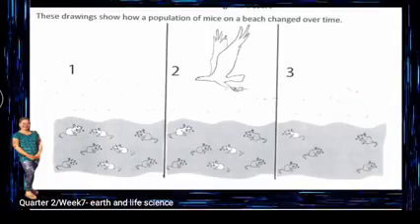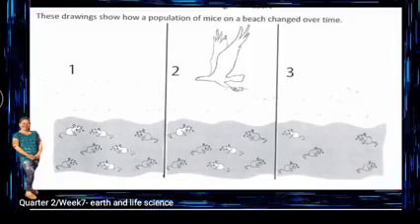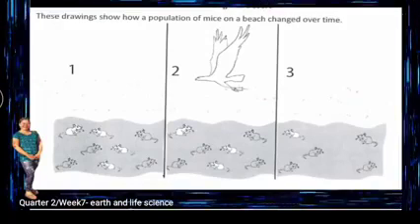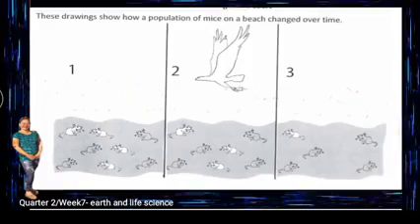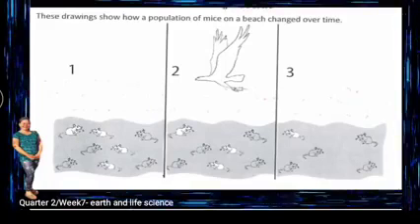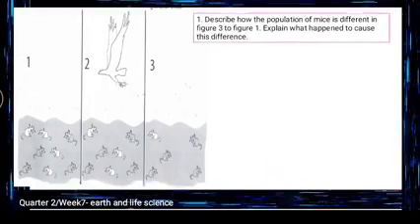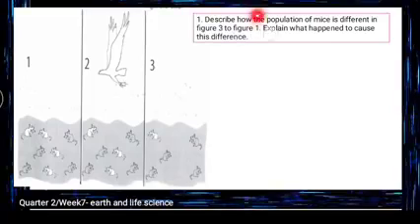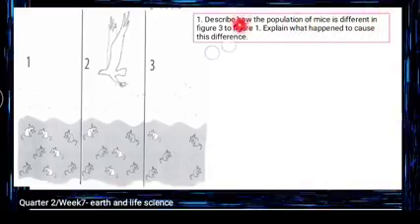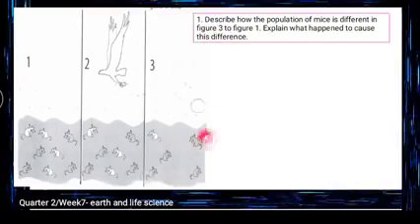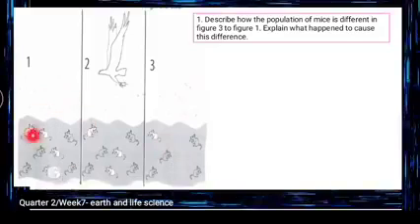I have here some questions that you might answer based on your own observation, and let's see if your answer is correct, okay? First question: describe how the population of mice is different in Figure 3 to Figure 1.